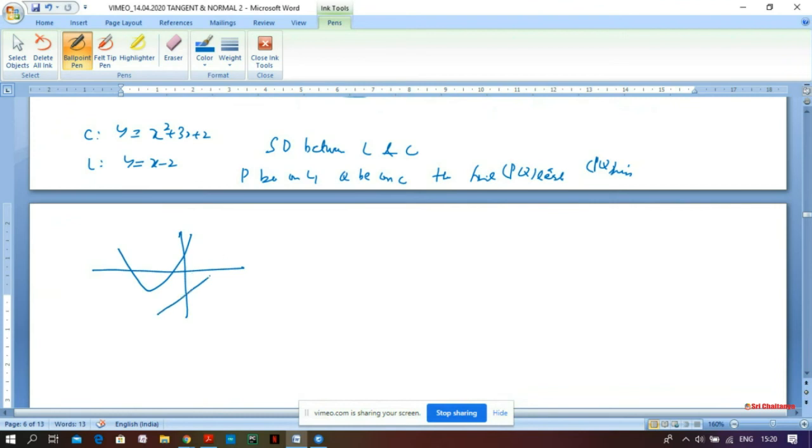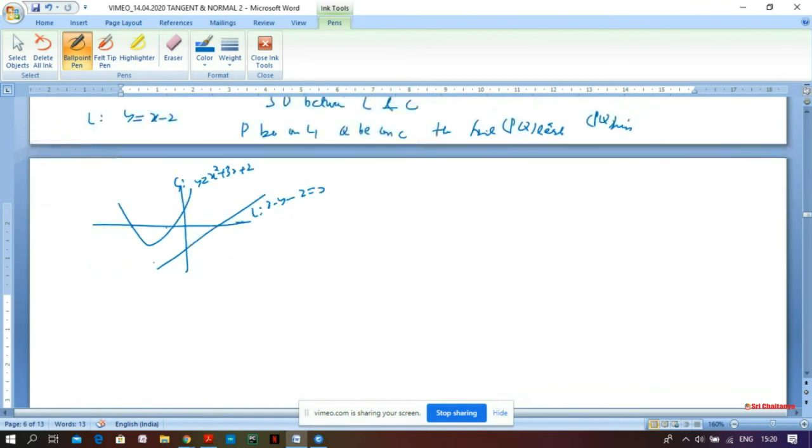You will find that this is the curve y equal to x square plus 3x plus 2. And here, this is y equal to x minus 2, which I will write as x minus y minus 2 equal to 0 is the line. This is the curve. So there is a line and a curve.